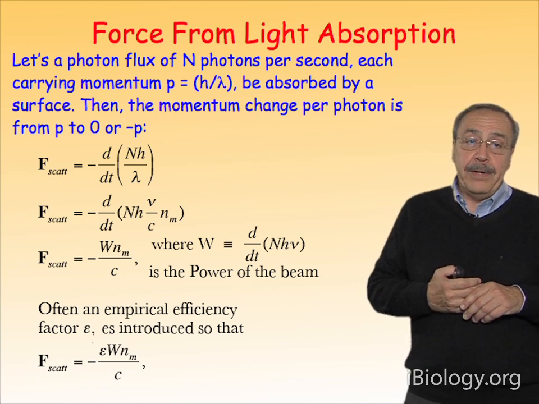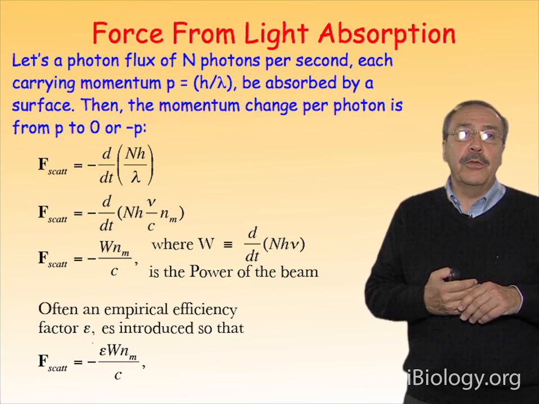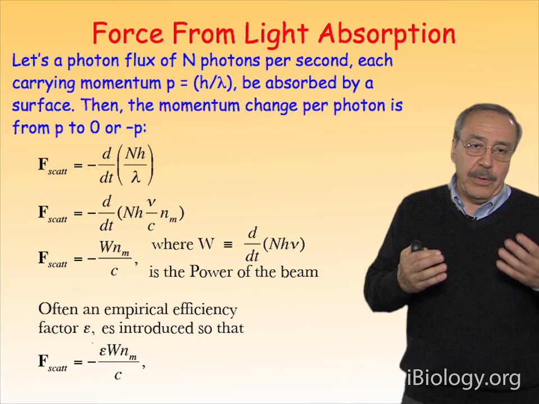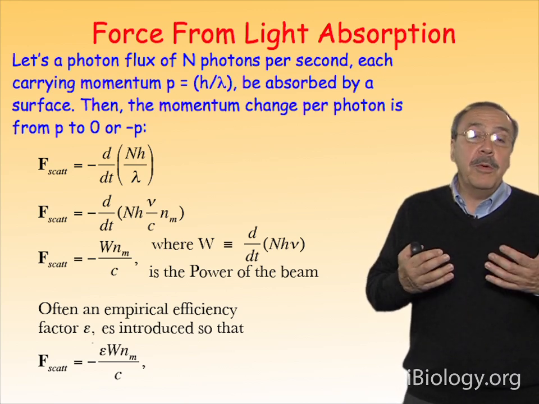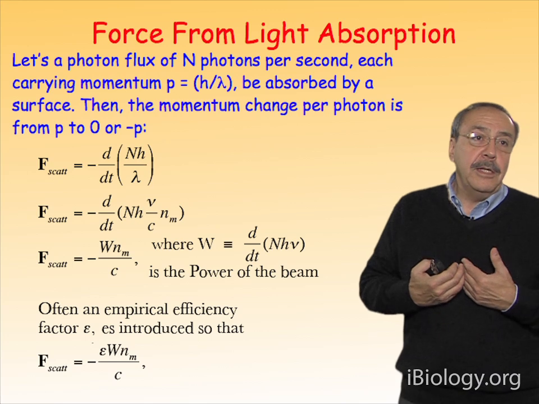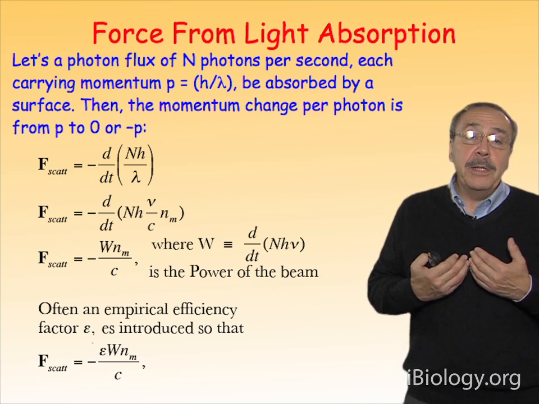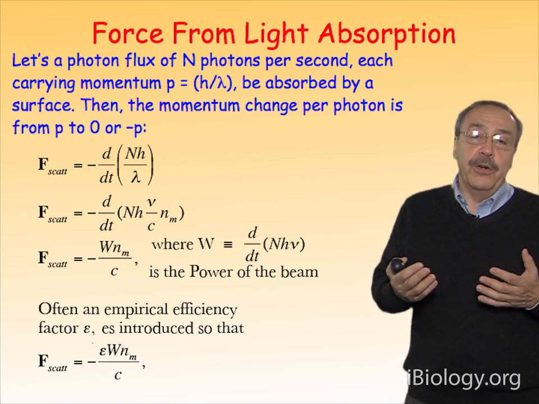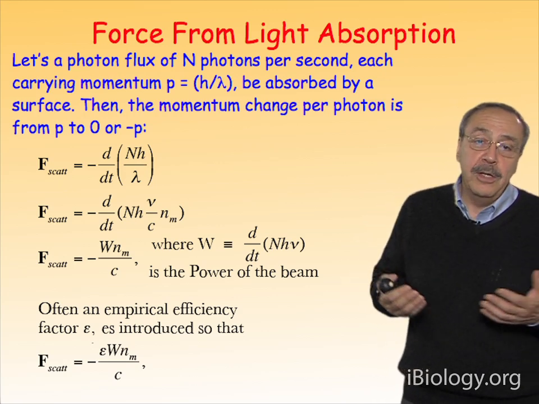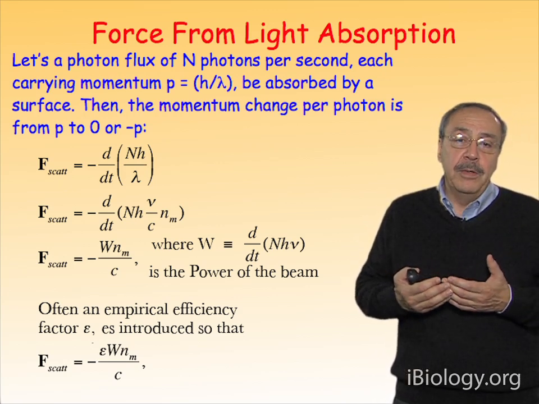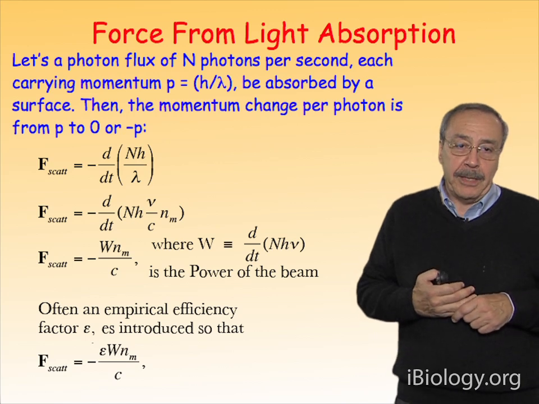Then what is going to happen is that each photon was bringing momentum p equal to h over lambda, and at the end of absorption, all the momentum of the photon is absorbed into the object, so that the momentum of the photon goes from p to 0. In other words, it has a change of minus p, right? Each photon has lost an amount of momentum equal to minus p.